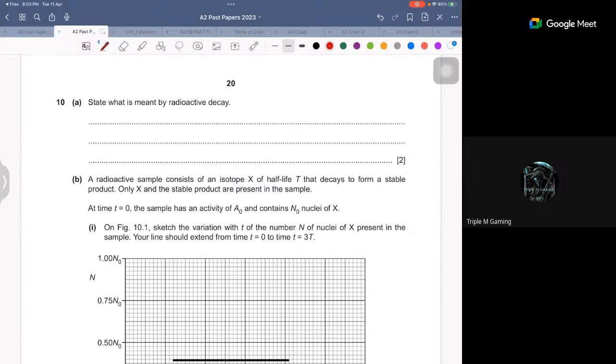Okay. So now we are looking at radioactivity. So what is radioactive decay? Radioactive decay is the disintegration of an unstable nucleus by emitting radiation.